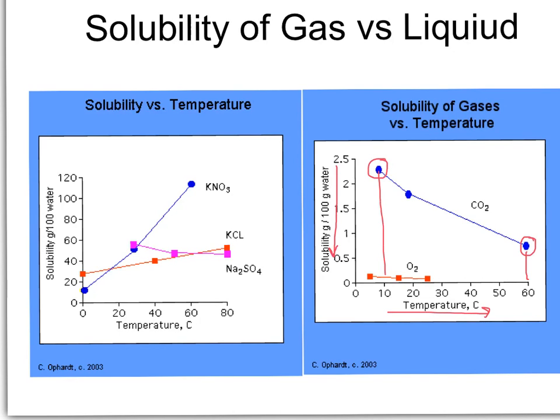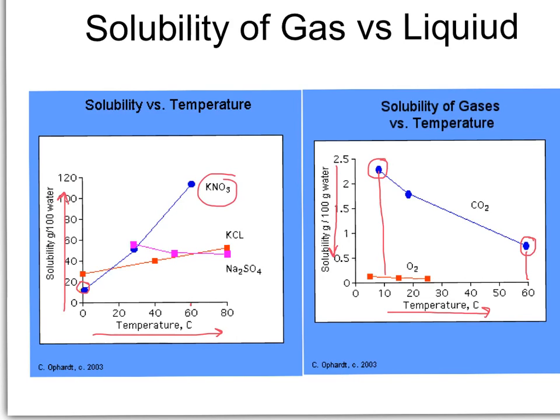On the graph to the left, you can see the solubility of a solid being affected by temperature. And we had mentioned earlier on that if we increase the temperature for most solids, you will see an increase in solubility. Let's take, for example, potassium nitrate. You will see that at 0 degrees Celsius, it's probably about 15 grams can dissolve in 100 grams of water.